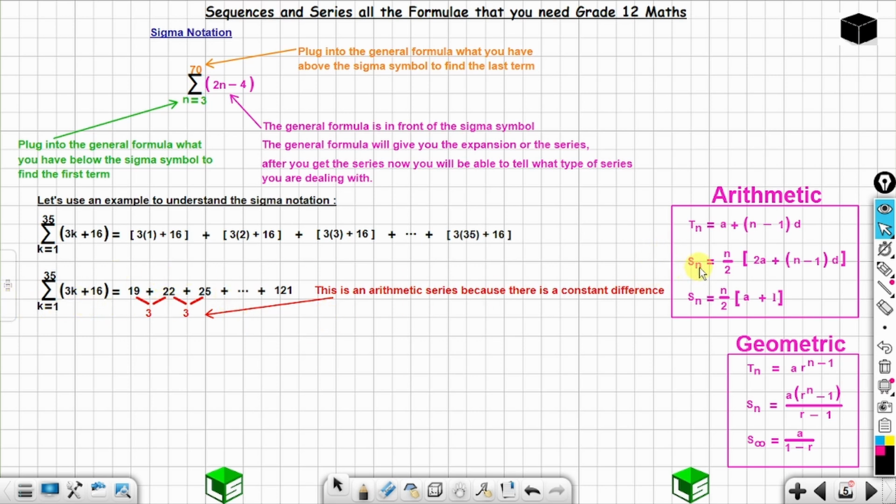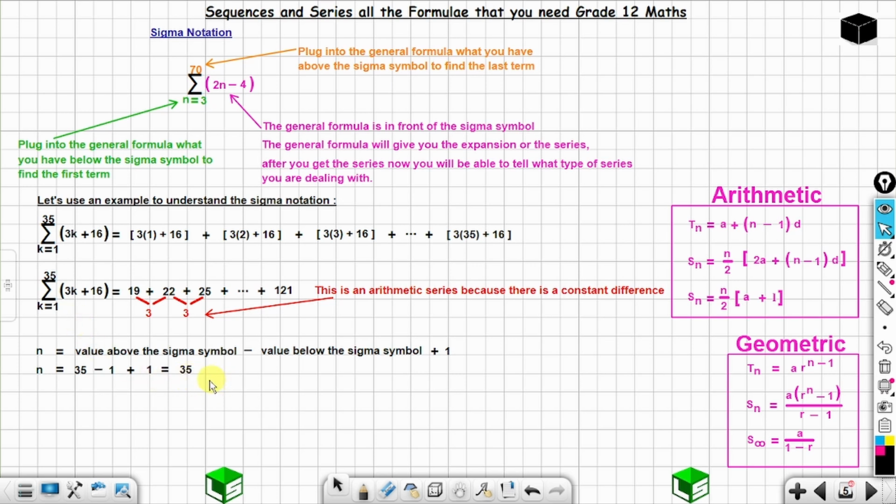So to find n, you are going to take the value above the sigma symbol minus the value you have below the sigma symbol, plus 1 always. So n is equal to, you have 35 above minus 1 below, plus 1. This is equal to 35.